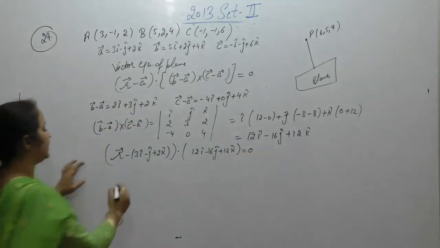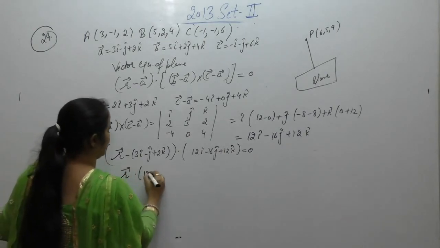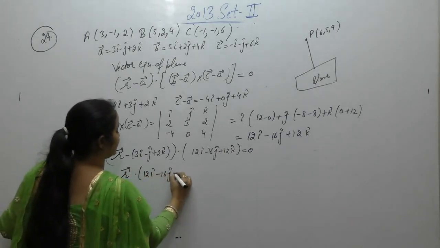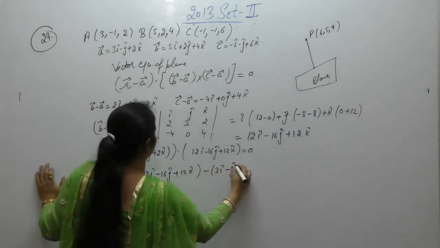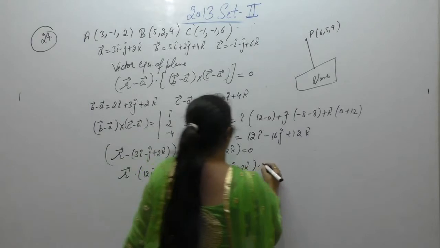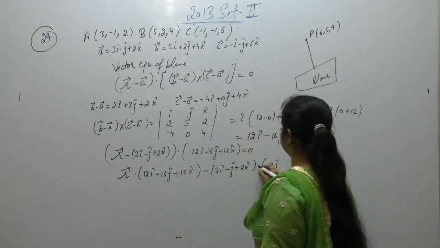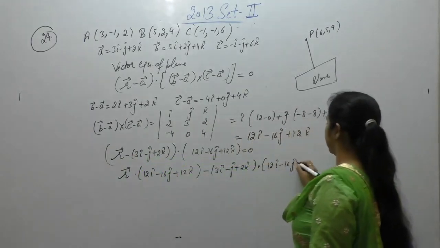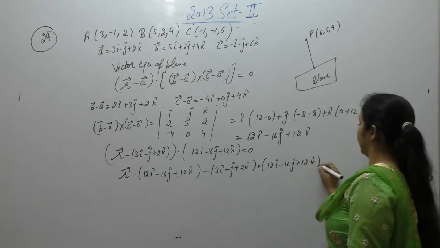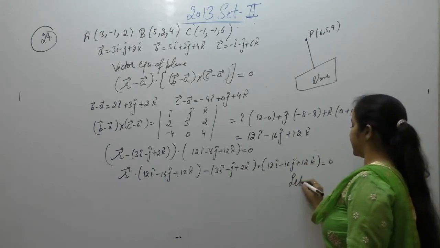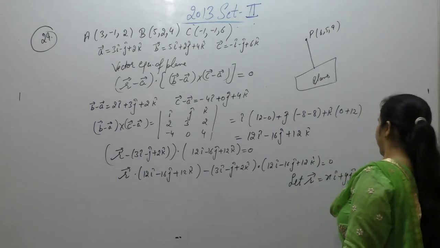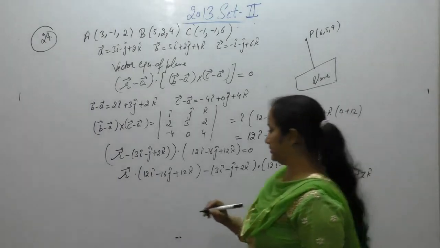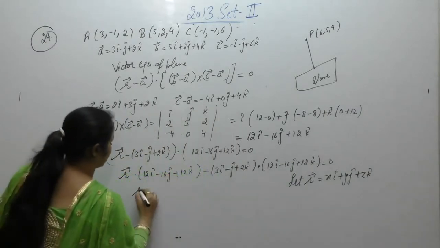Now take the dot product. R vector dot 12i minus 16j plus 12k minus (3i minus j plus 2k) dot product (12i minus 16j plus 12k). Let R vector be xi plus yj plus zk to find the Cartesian equation of the plane. Now this is the vector equation of the plane.